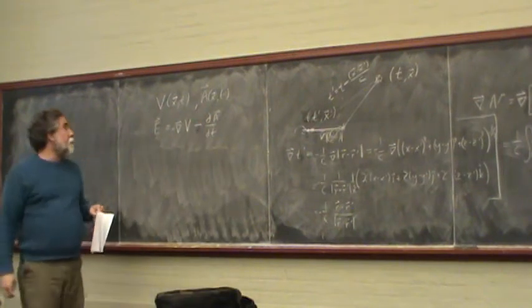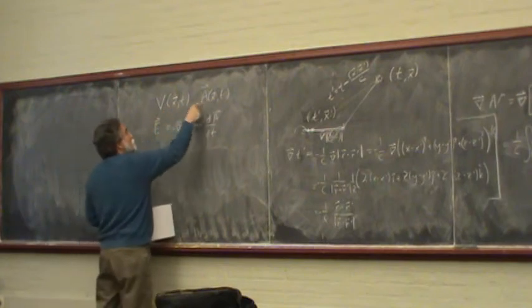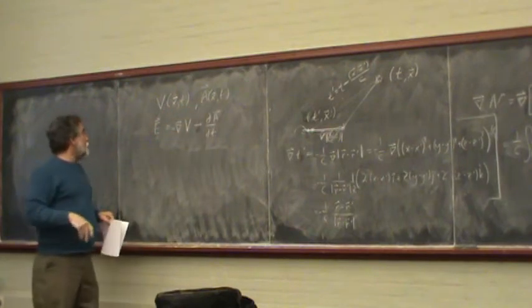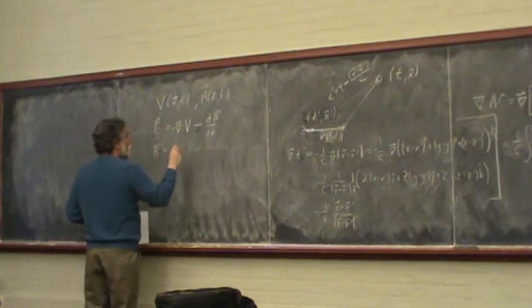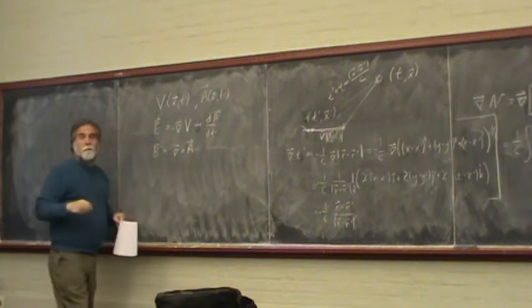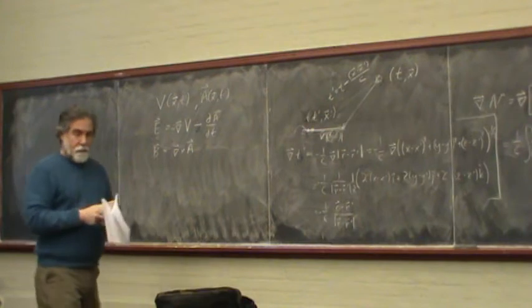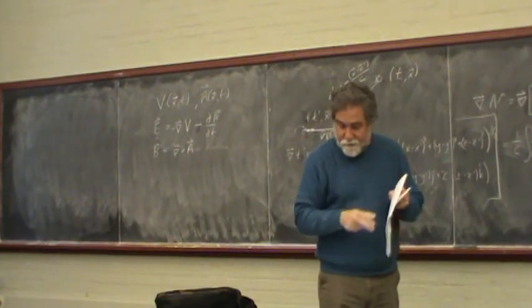Minus. Okay? So if I can find these, then I can find the electric field, and I can find the magnetic field. Curl of A. That's what I have written down.